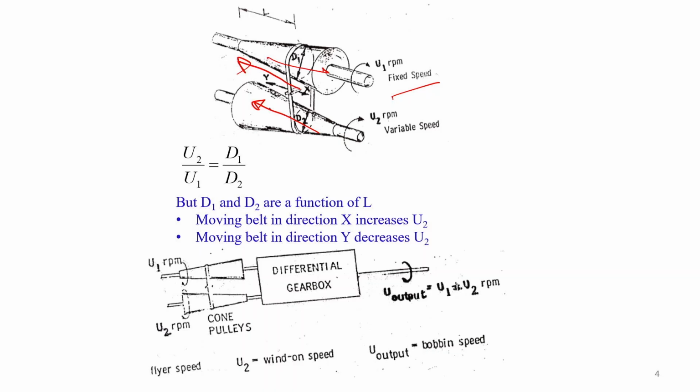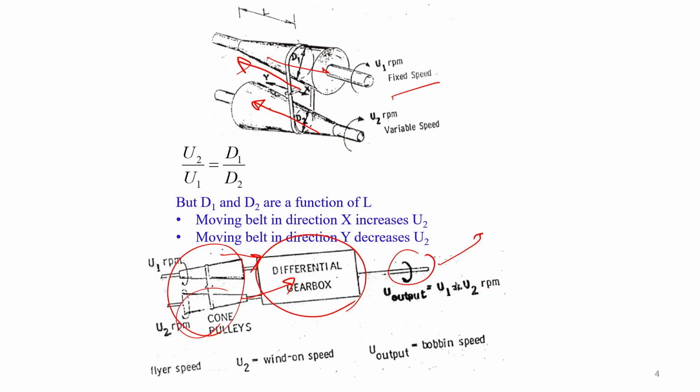This variable motion from U2 comes to the differential gear, and one constant motion comes from the main shaft, related to the top cone drum speed, and these two motions are superimposed, and ultimately it gives a certain RPM, which goes to the bobbin.